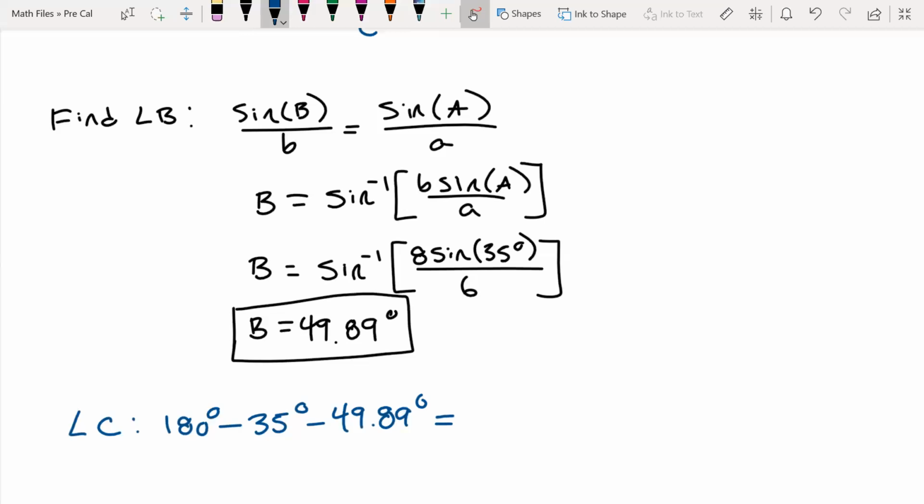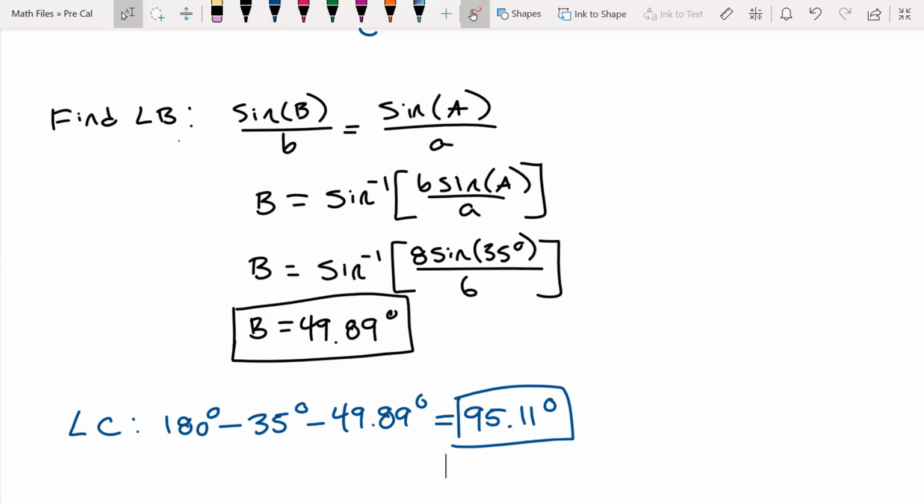And we should get, for angle C, what is that? 95.11. 95.11. Let me do the calculator to make sure. Yeah, that's good.